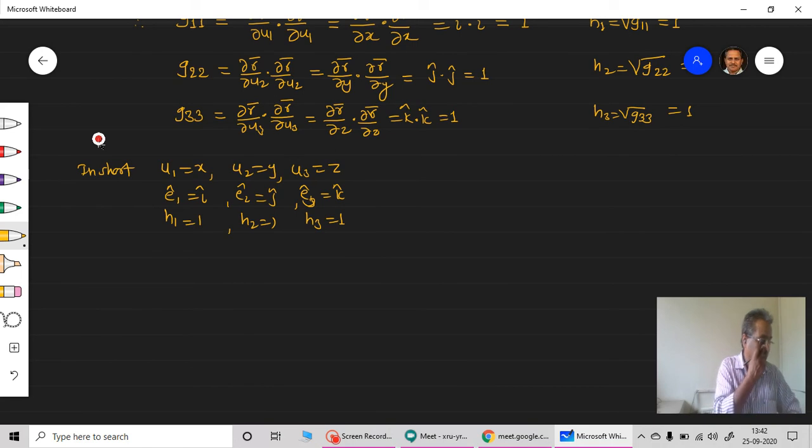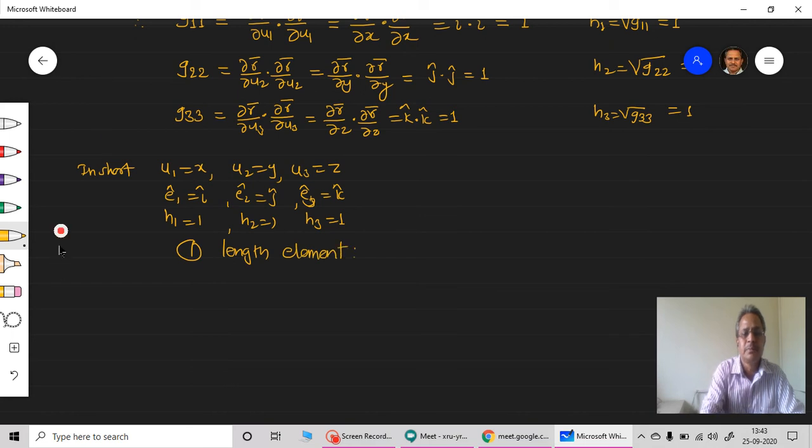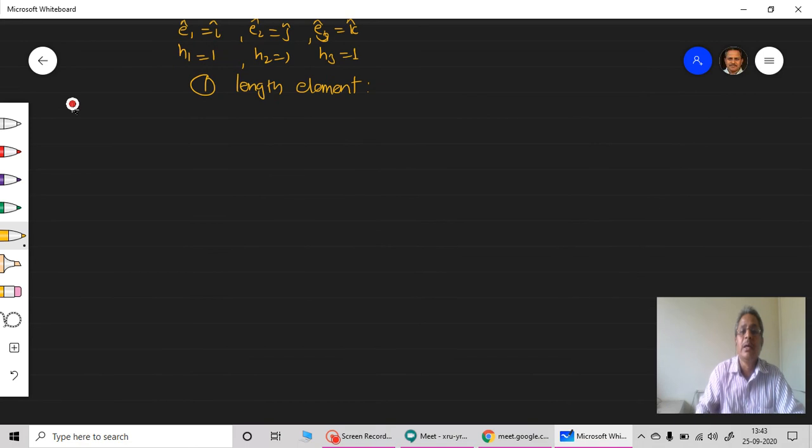Okay, so first let's write, we have already done this, but we'll just repeat it. First, the length element is given by dl1 equal to h1 into du1. So I'll get dl1, the first length element, equal to h1, which is 1, into dx.